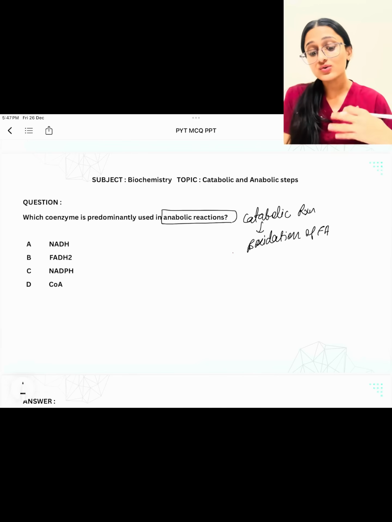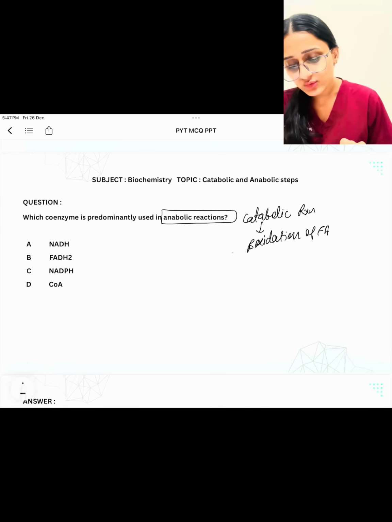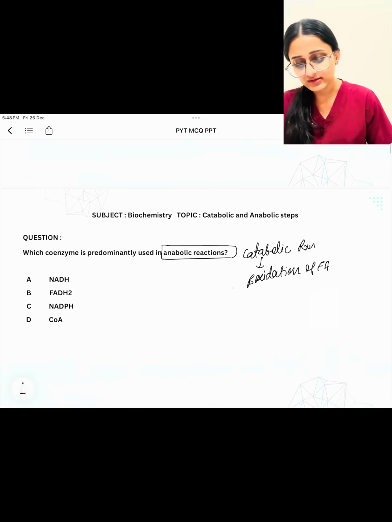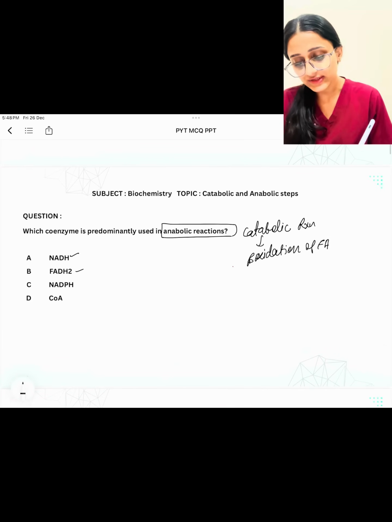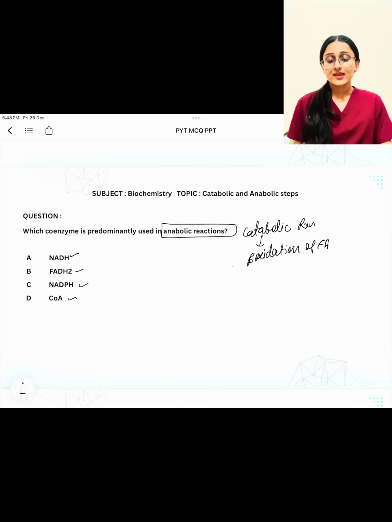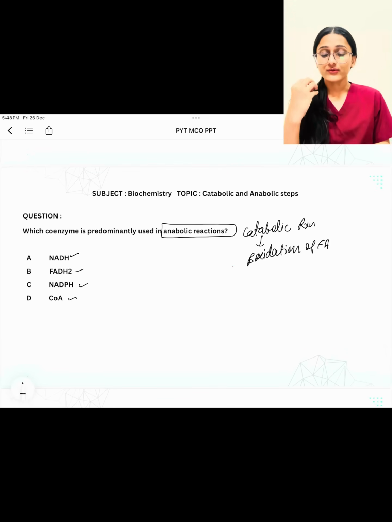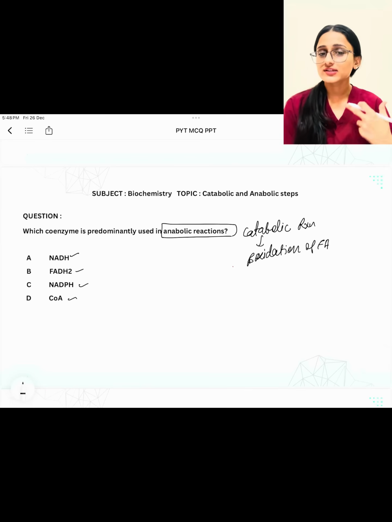Okay, so this is different. Now they're asking which coenzyme is predominantly used in anabolic reaction, meaning in synthesis which coenzyme will be used. What do you think the answer will be? Is it NADH, FADH2, NADPH or coenzyme A? Whenever this type of question comes, just think of ruling out other options. NADH, where are we using this one?